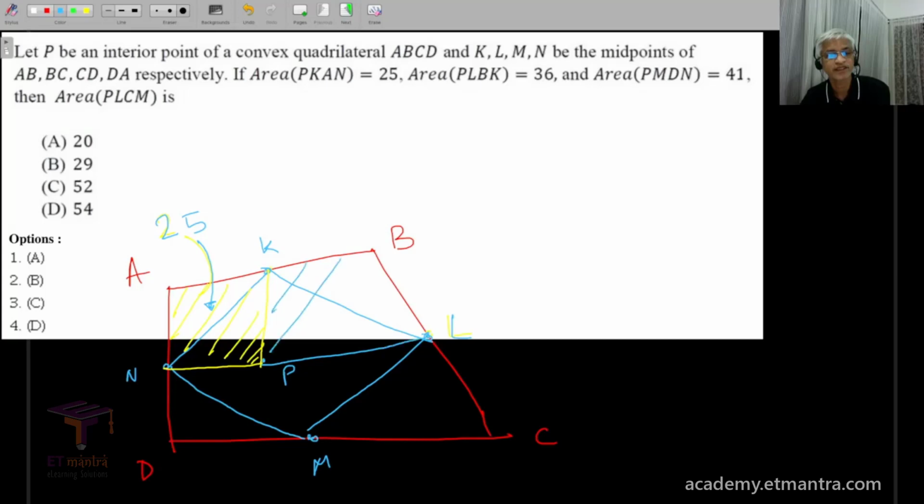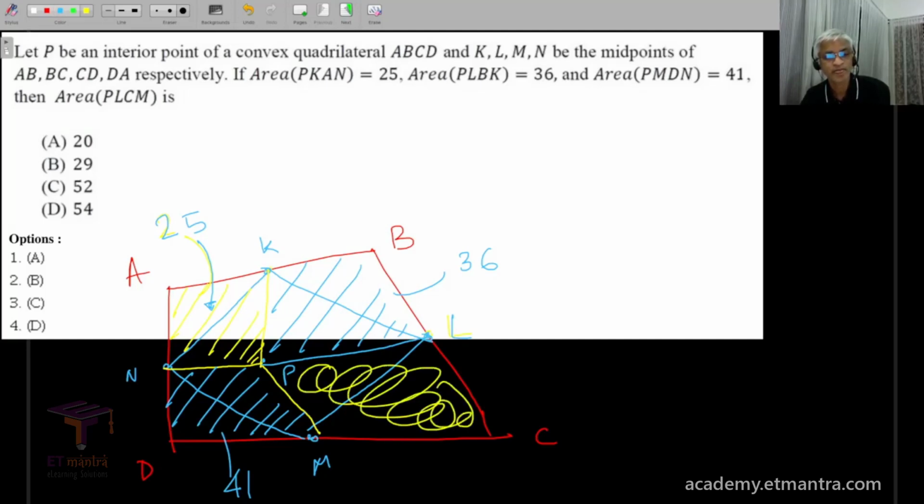It has been given as 36. And PMND, so we're talking about this area now, has been given as 41. So this area is 41. And finally, the last quadrilateral, PLMC, which is this area, is equal to what? That's the question.